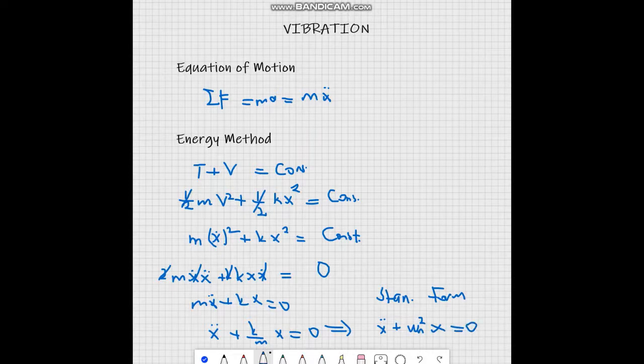So our ordinary differential equation is this one.